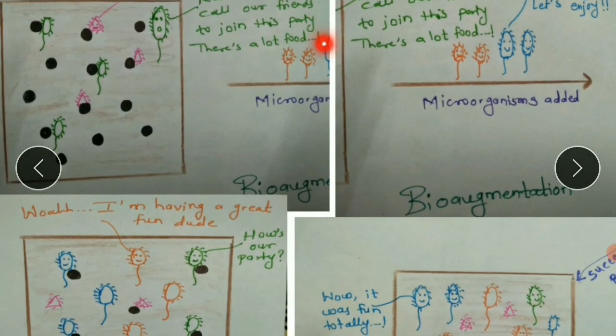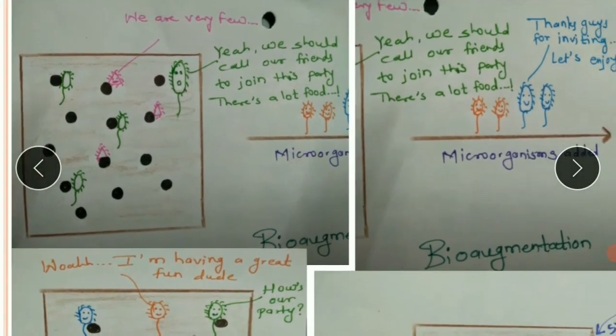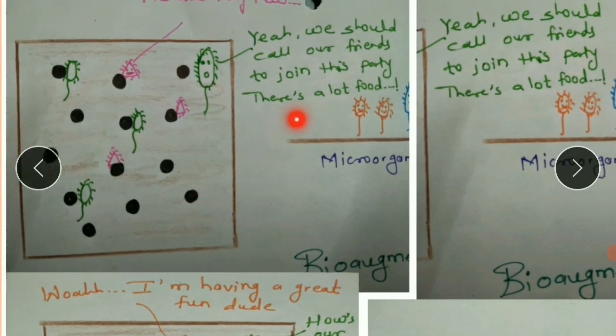Let's see with the example. In bioremediation, remember one thing: those contaminants or pollutants will be utilized as a food source by the bacteria. That's why we are using these bacteria, because there is no harm to our nature, and it is beneficial to the environment.